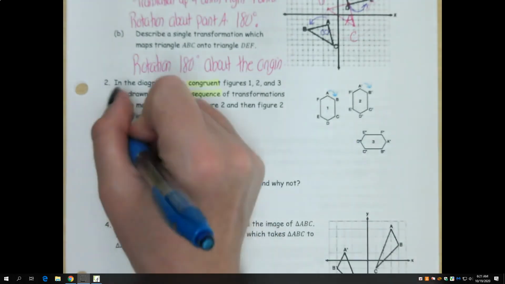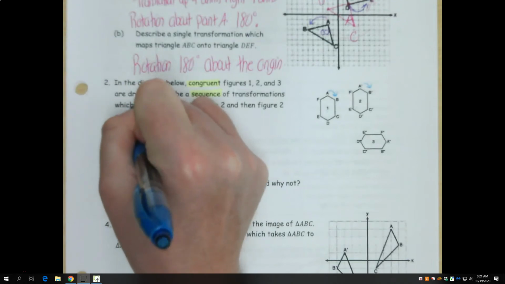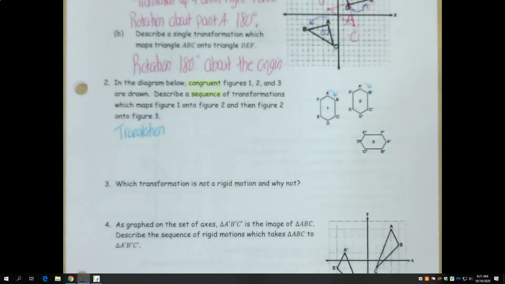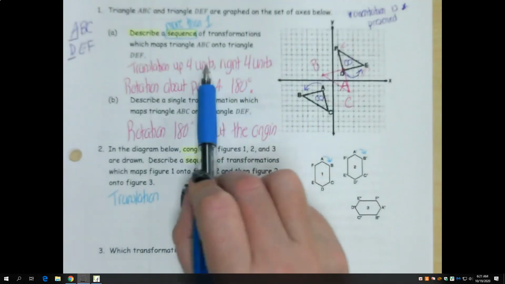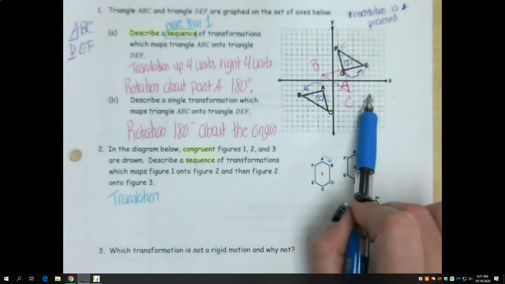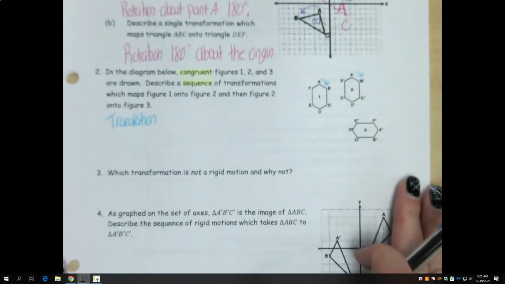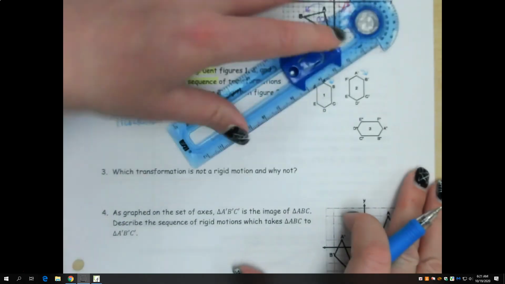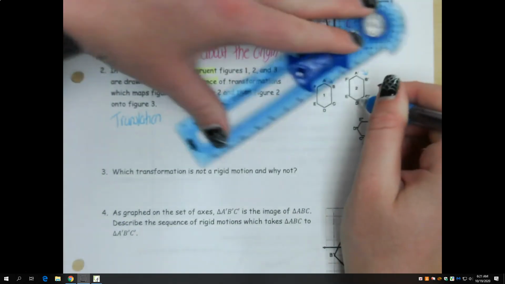So when I translate, I would normally say I'm translating 4 units up, 3 units to the right, just like we did up top, because we were on the coordinate plane. But in number 2, I am not on the coordinate plane, so I have to use a ray. So I'm going to connect corresponding points.